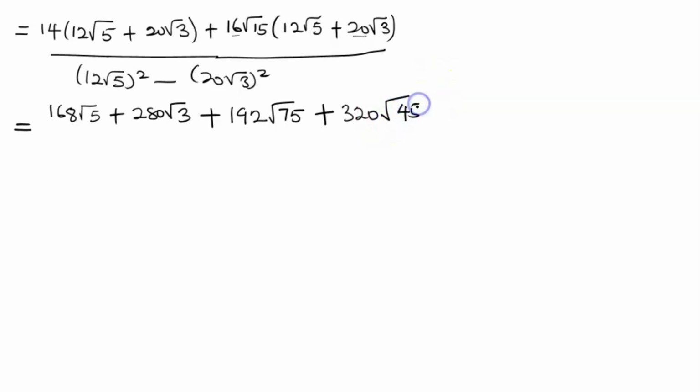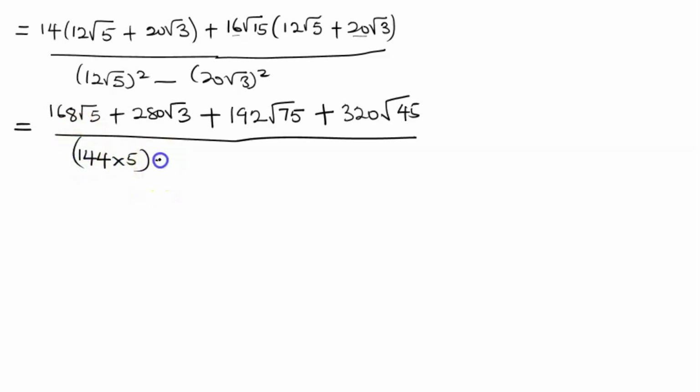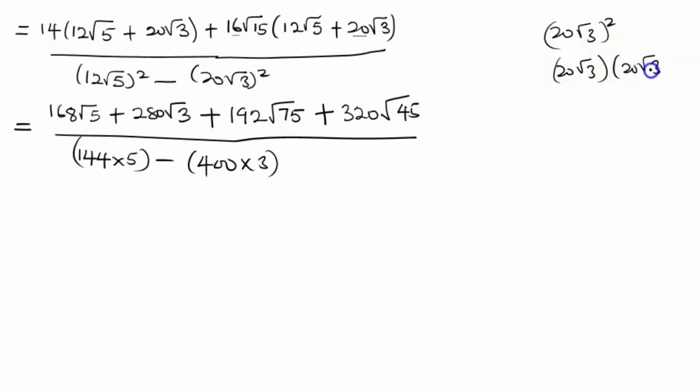Okay, so everything divided by, of course, this is going to give you 144 because you are going to square that, multiplied by 5, minus, this one is going to give you 400 multiplied by 3, 20 squared. Just like I told us, it's going to be 20 squared and 3 squared. So if you have 20 root 3 all squared, it's the same thing as saying 20 root 3 multiplied by another 20 root 3.